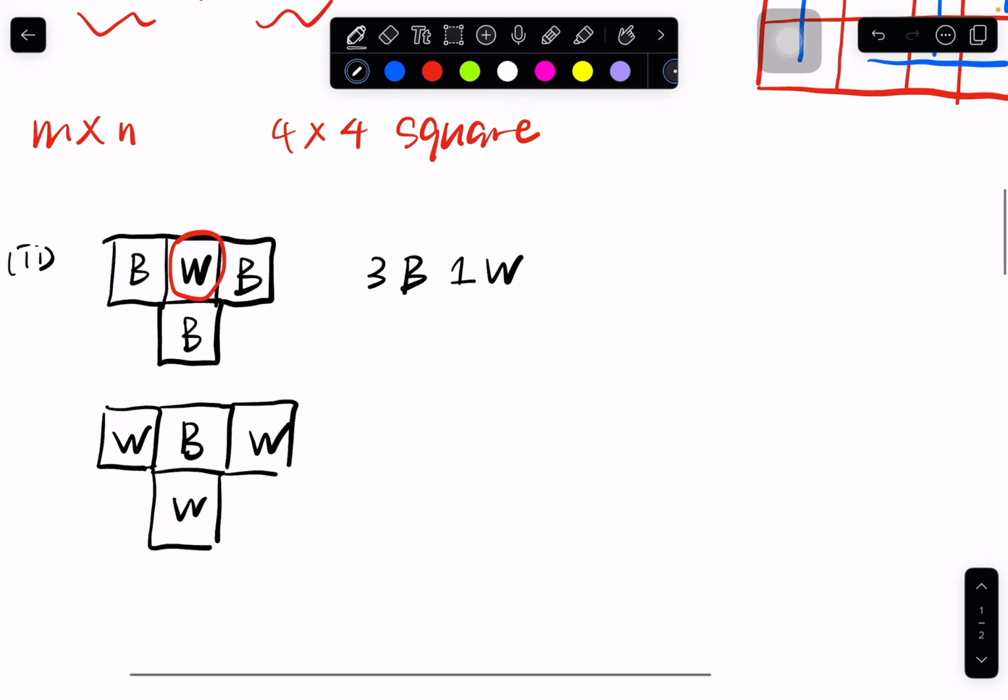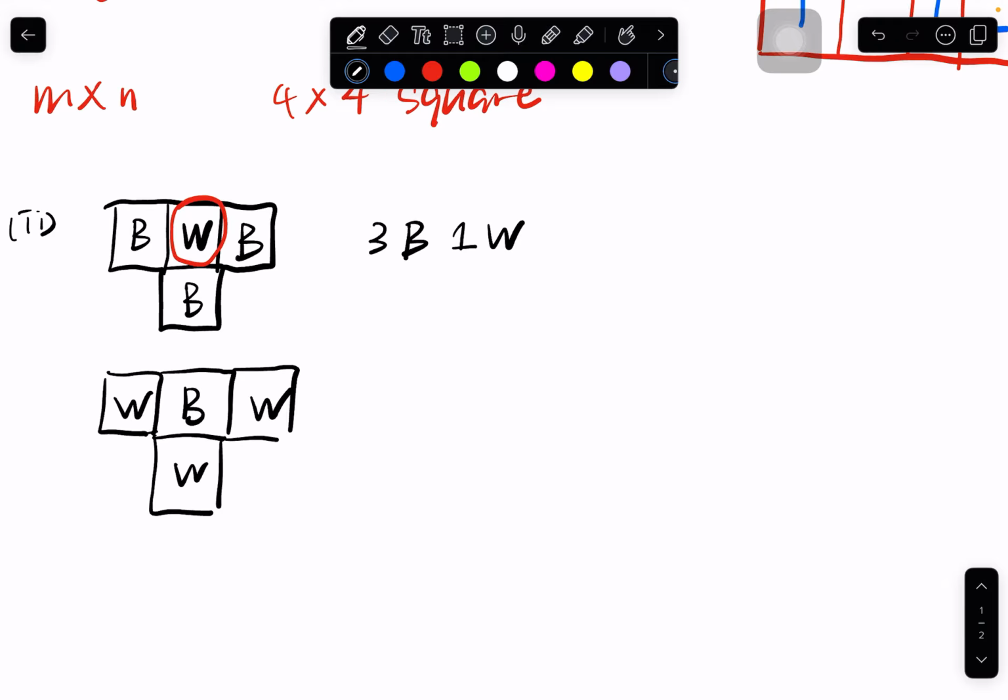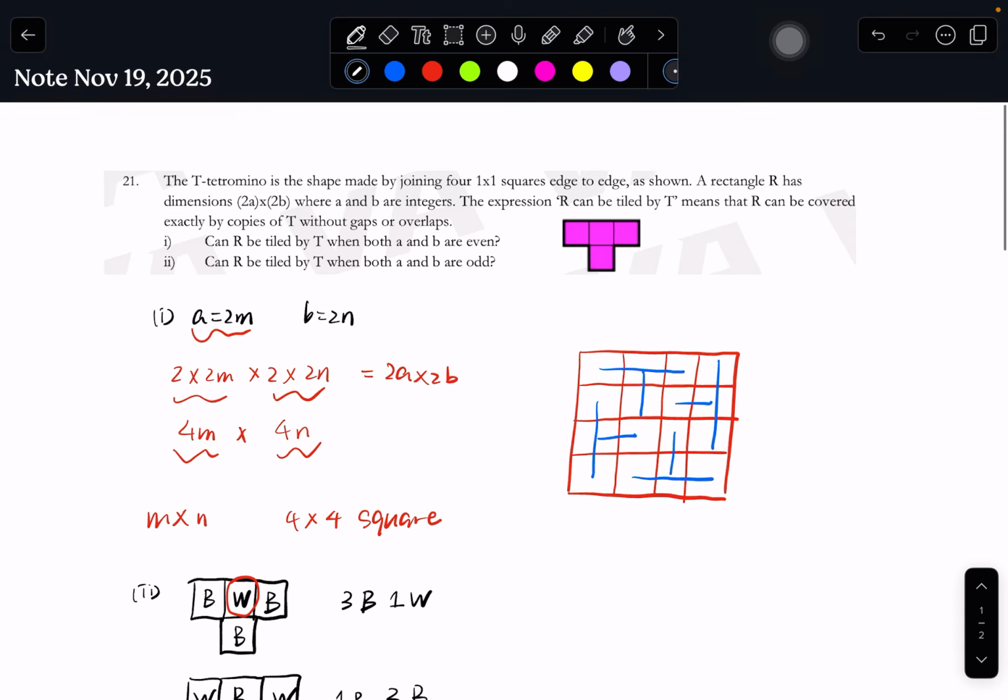So we get 1 black and 3 white. Okay, let's go back to the rectangles.